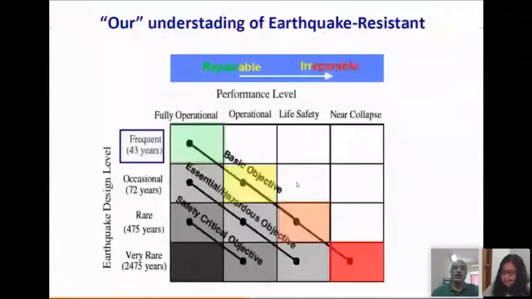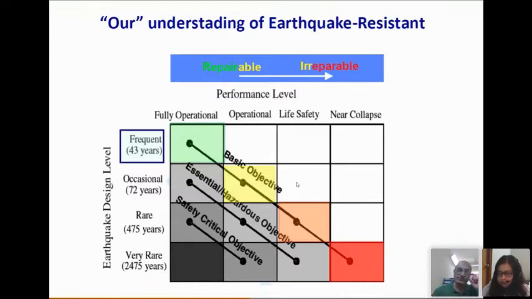V and L. But at the same time, we need to understand our understanding of earthquake resistant design: whether we are targeting repairable or irreparable facilities. So ASCE 41-2017, earlier FEMA 356, clearly delineates that the performance levels or performance objectives have been categorized in 4 verticals, namely fully operational, which is mandatory for important buildings or lifeline buildings, then operational, life safety, and near collapse or collapse prevention.